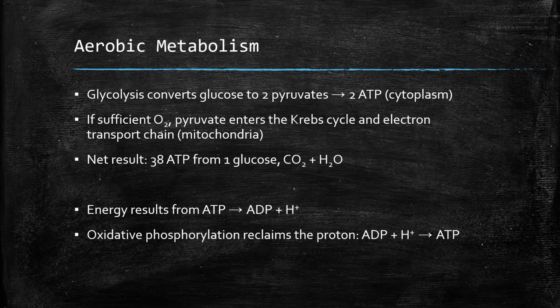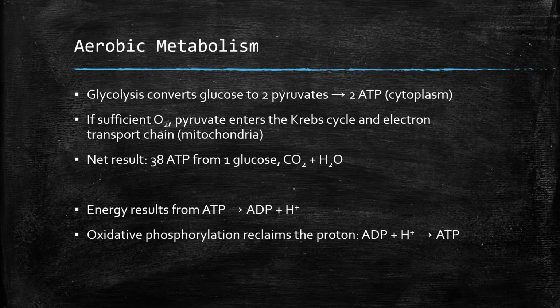We need to quickly review some basic medical school biochemistry. In the cell cytoplasm, glucose is converted into two pyruvate molecules through a process called glycolysis. This results in the generation of two ATP molecules.